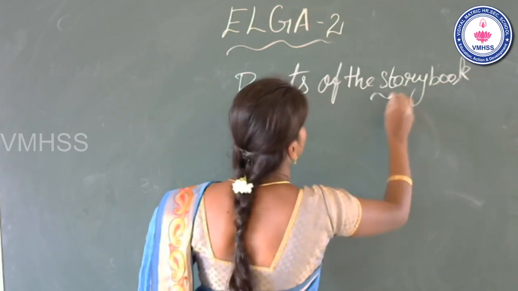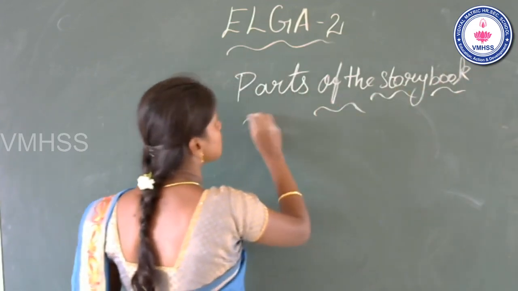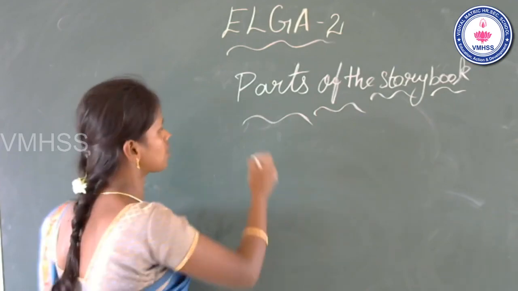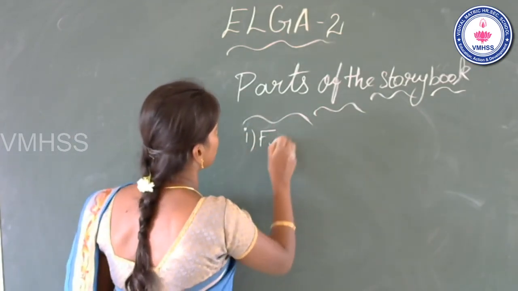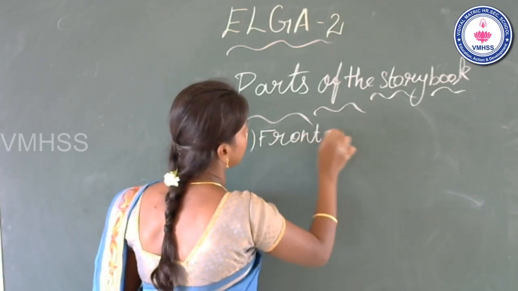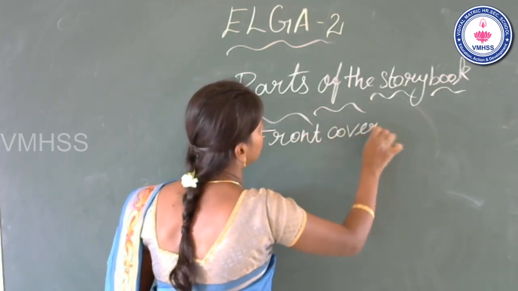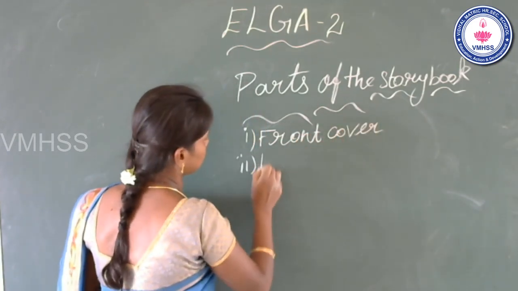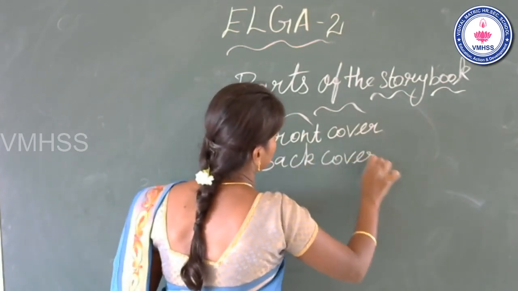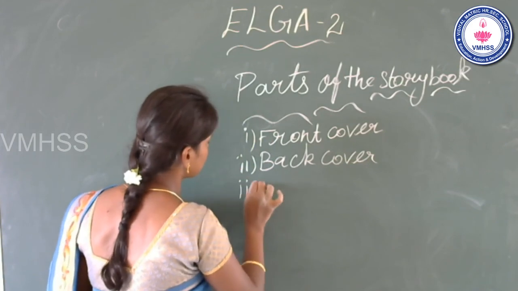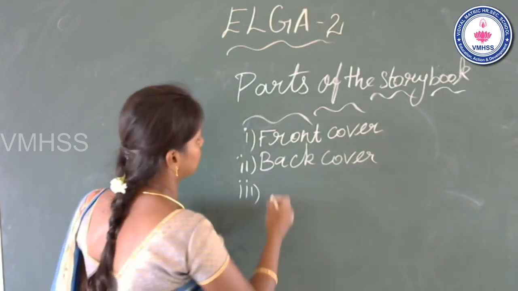Parts of the storybook. What is the first one, students? Yes, front cover. First one is front cover. Second one is back cover. Third one is title.